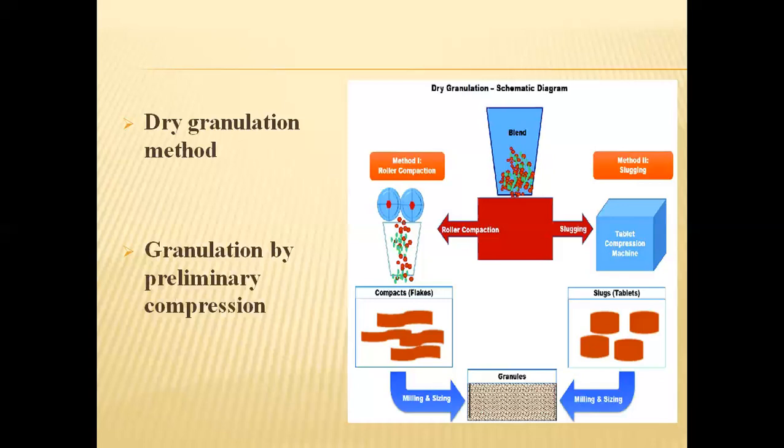Then the slugs are broken into smaller pieces, and these smaller pieces are passed through specific sieves which will give us the granules of a uniform size. A lubricating agent and a disintegrating agent are then mixed with the granules before compression in the tablet punching machine.